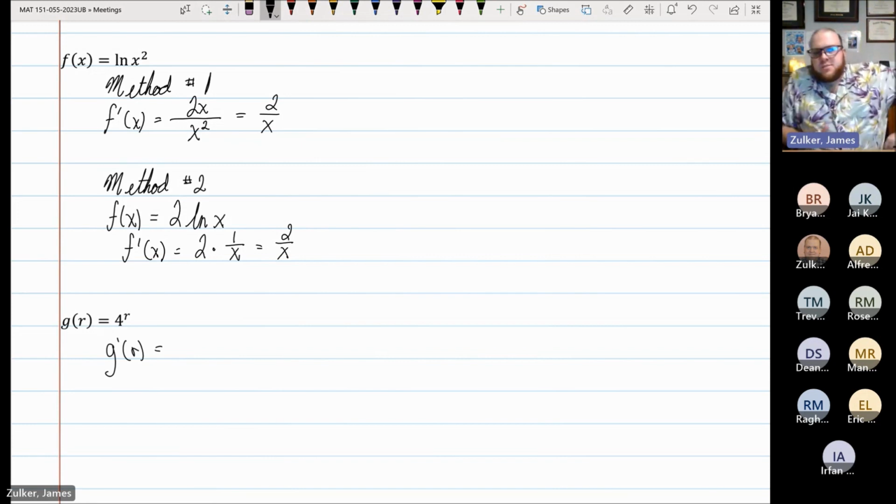So the rule tells us it's going to be the derivative of the exponent, which is 1, times the exponential function, 4 to the r, times the natural log of the base, which is 4. That makes our derivative 4 to the r times natural log of 4.